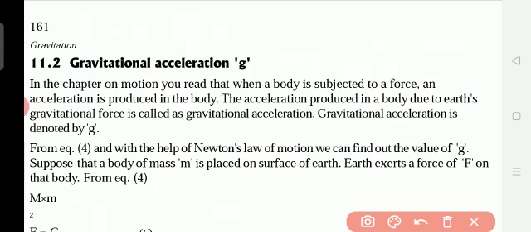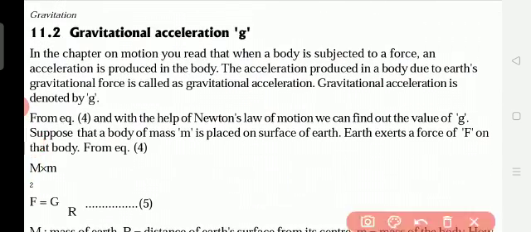So here we see gravitational acceleration, denoted by small g. Why do we use gravitational acceleration? In the chapter on motion you read that when a body is subjected to a force, an acceleration is produced in the body.